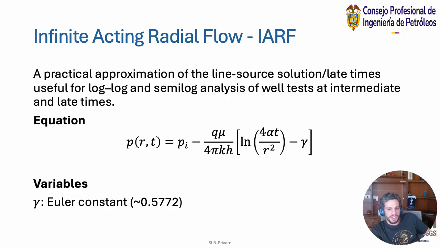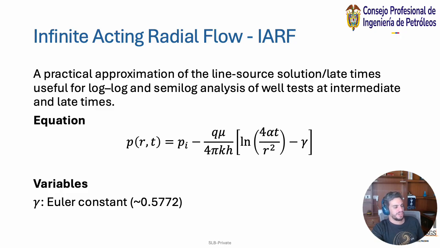And it's basically turning this Tay solution into something linear when we plot it on a semi-log plot, right? So let's go through the equation. You have P of R with respect to T again, but now, instead of writing this exponential integral form, you have this natural log of 4 alpha T divided by R squared minus this gamma.